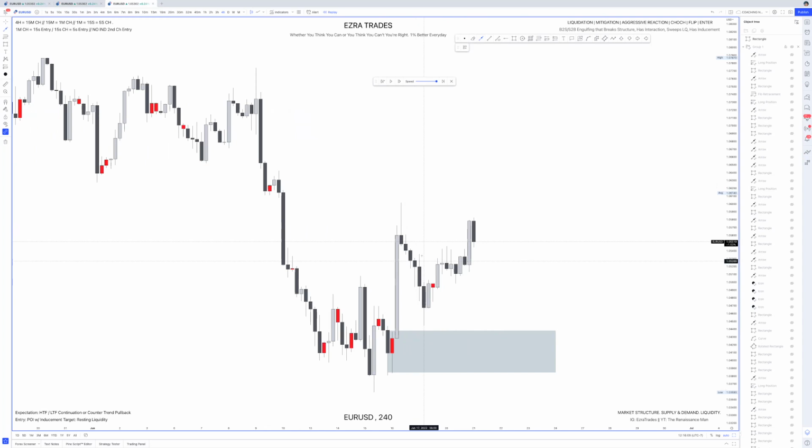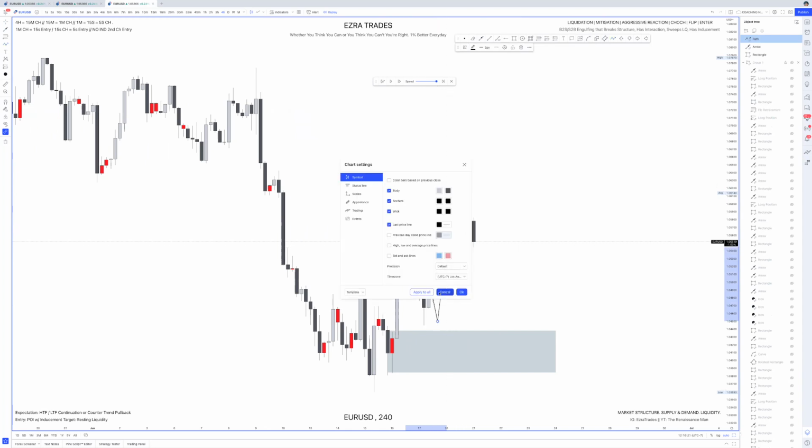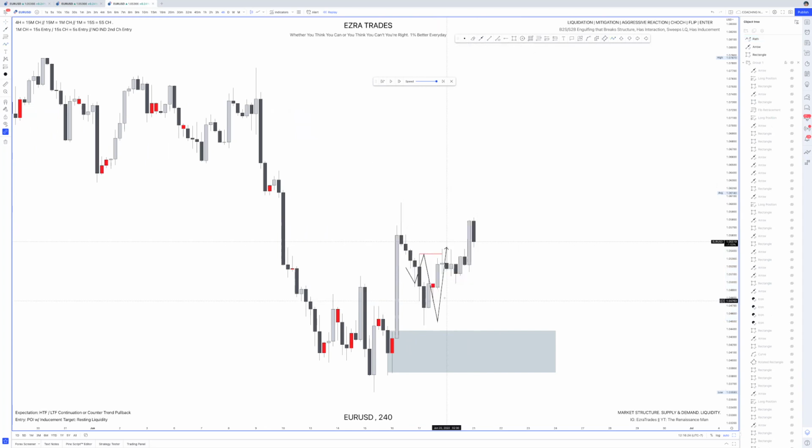So here I see that this took liquidity before continuing to the downside. So this on the 4-hour time frame is that extreme of that pullback on the 4-hour. So we saw this. This is what the 4-hour looks like here, right? When we take this, what we've done is we've given a 4-hour change of character without tapping the 4-hour POI.